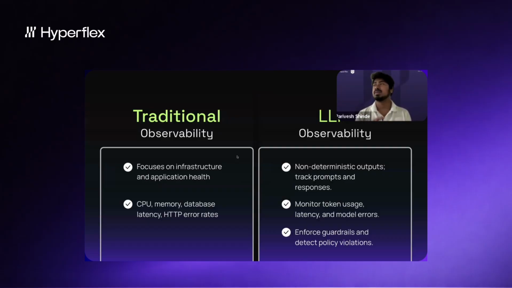What's the difference between traditional and LLM observability? The basics are the same. We still observe the underlying systems. We still observe the applications. But before understanding the difference in observability, let's understand the difference in application development itself. Before, our code was pretty much defined, and it was not dynamic.